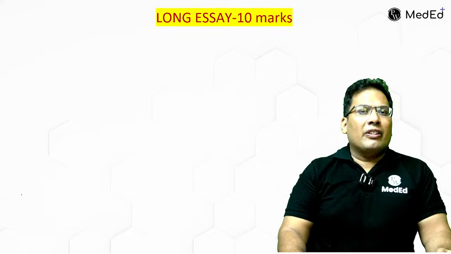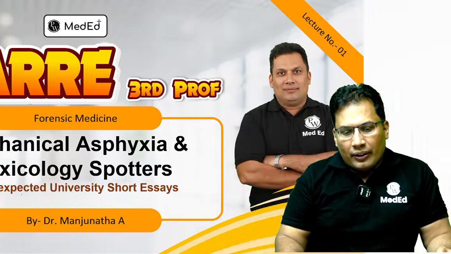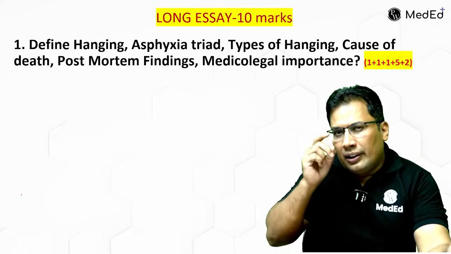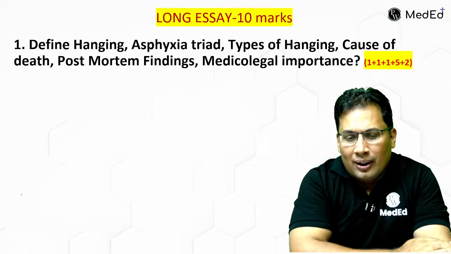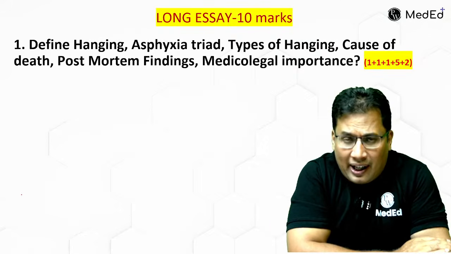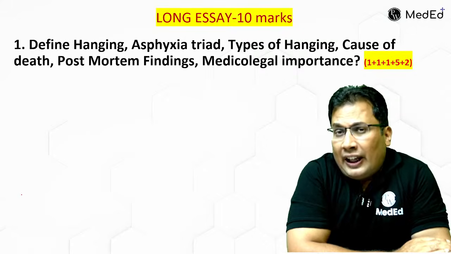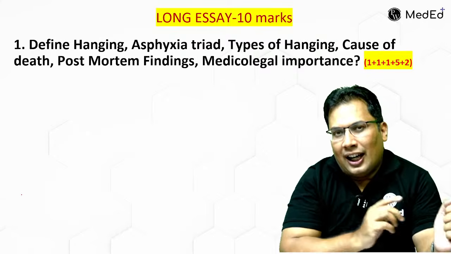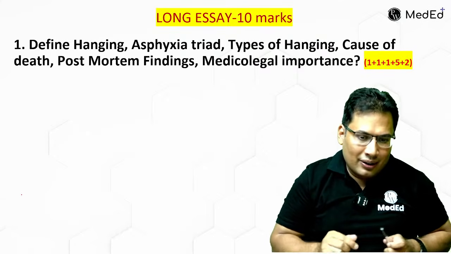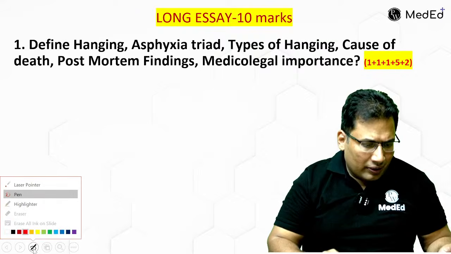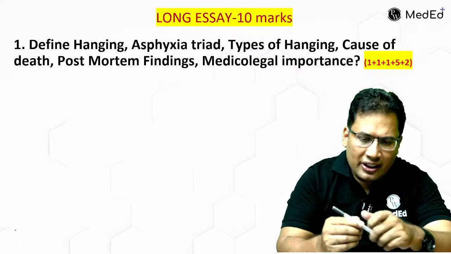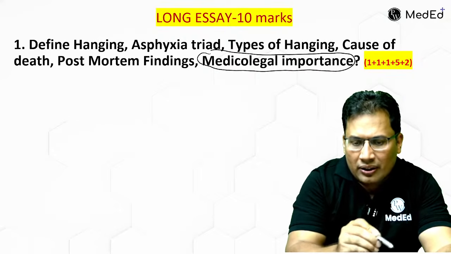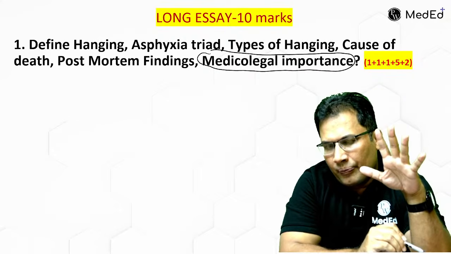Let's start with the important long essay, the repeat question asked in your university exam. Define hanging. What is the asphyxial triad? Types of hanging. Causes of death, postmortem findings, and medico-legal importance. Dear students, to get distinction in forensic medicine, what is important is medico-legal importance.